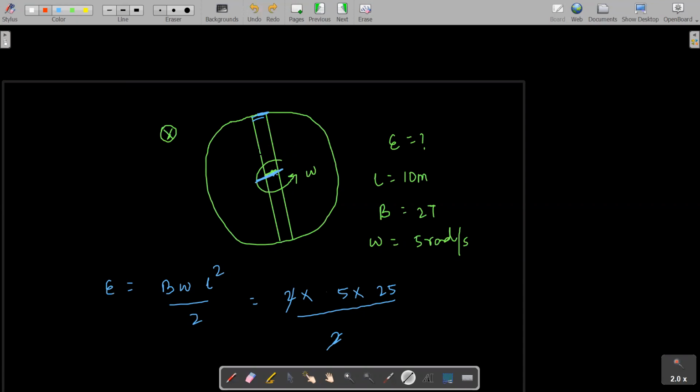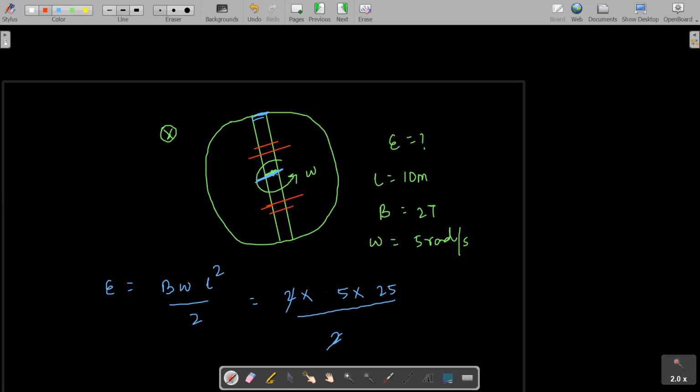So what can we say? If V is the velocity this side, V cross B will be downwards. Yes, we were absolutely correct. This will be the positive terminal, and this will be the negative terminal. And again, if we are talking about this rod, again, this will be the positive terminal, and this will be the negative terminal.